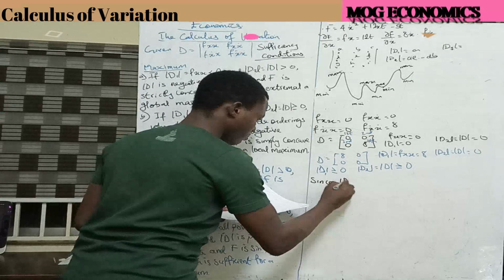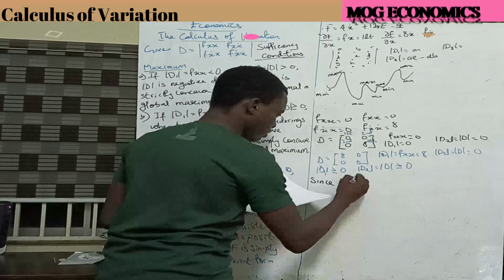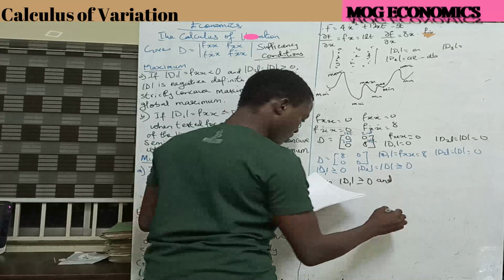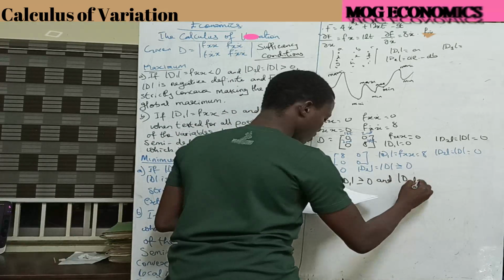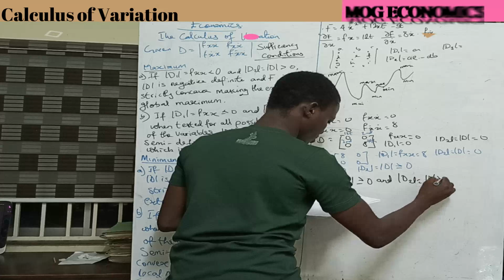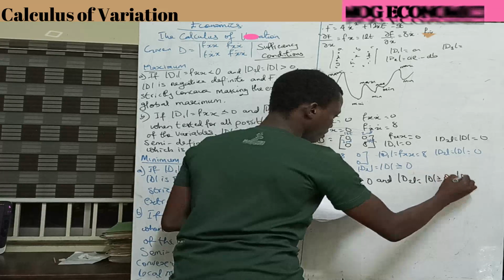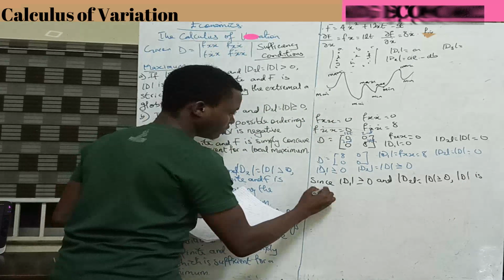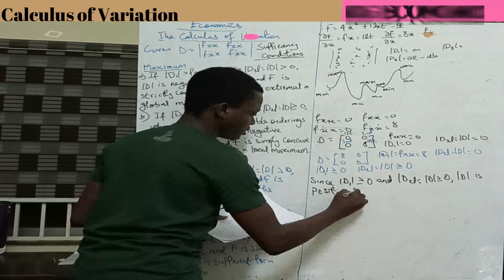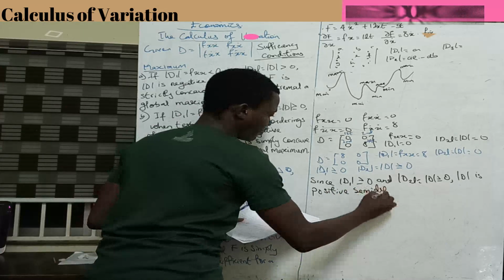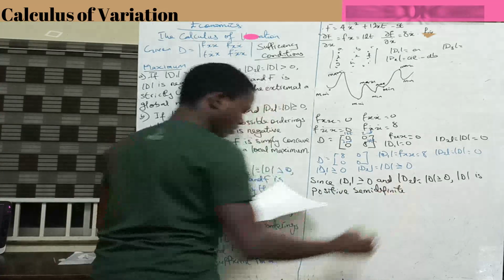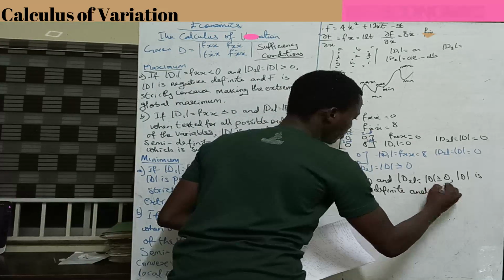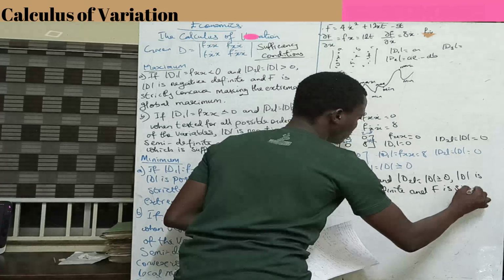Since d1 is greater or equal to 0 from what we have, and d2 equals d greater or equal to 0, d is of course positive semi-definite, and f is simply convex, right?